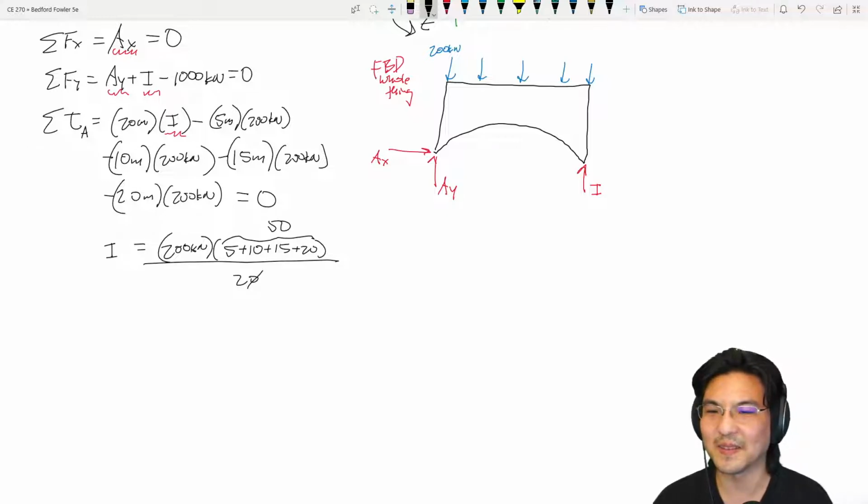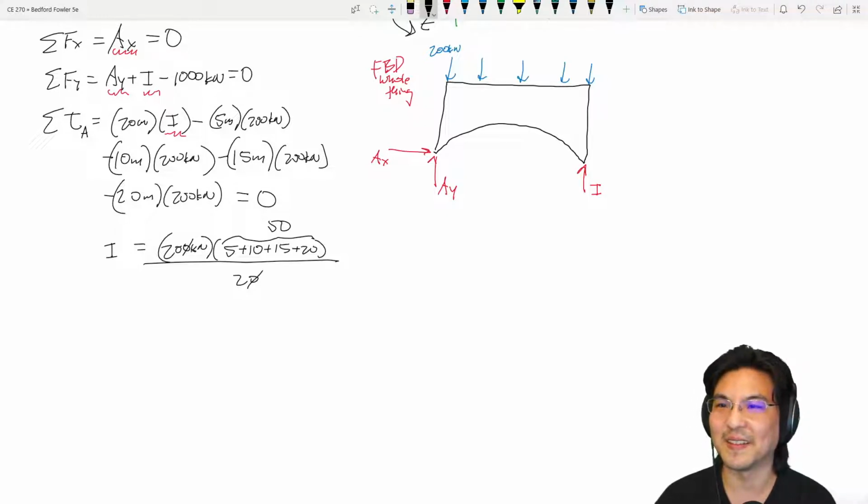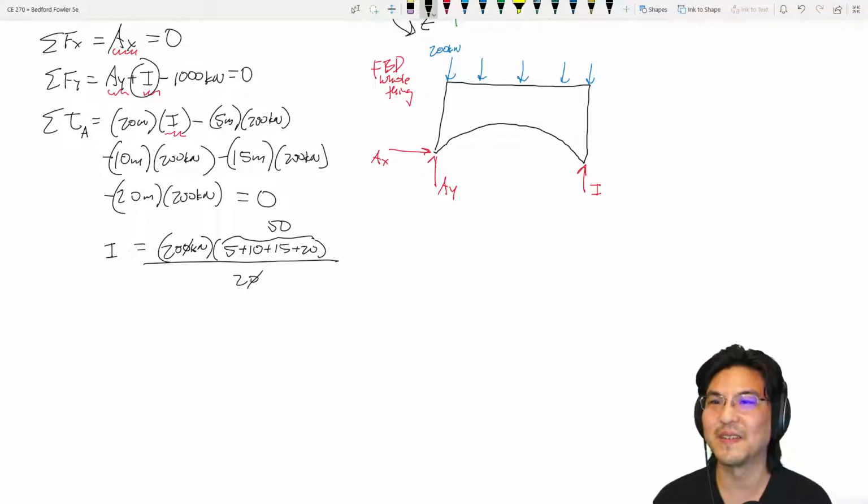So right in this cross here. And then 200 over 20 is 10. So 500. And then that goes here. Right, so then AY is 1000 minus 500. Okay, so AY is 500 and I is 500.